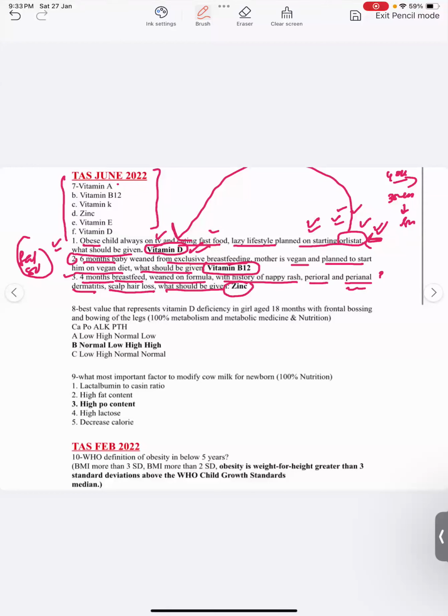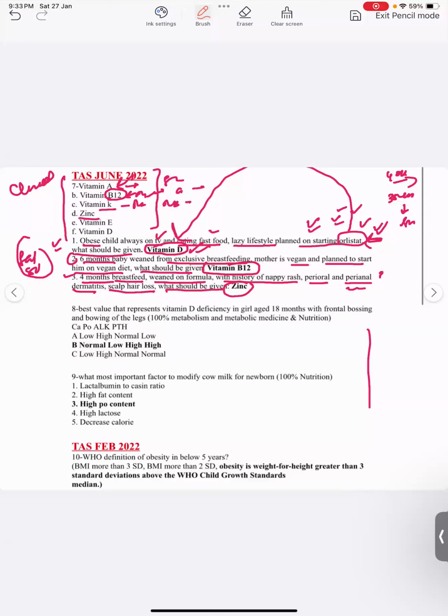Basically, we have done a clinical case for that where a table was given of the signs and symptoms. With vitamin A deficiency, eye problems may be present, and steatorrhea and fat soluble vitamin malabsorption. With vitamin B12 deficiency, there may be macrocytic anemia and ataxia, and the dorsal column of the spinal cord may be affected. With vitamin K deficiency, your PT and APTT will be deranged and the patient may come to you with bleeding.